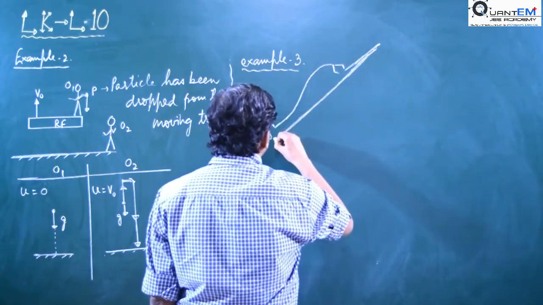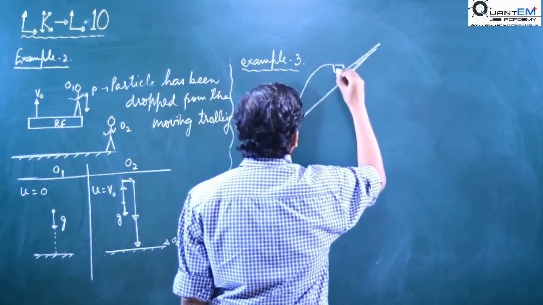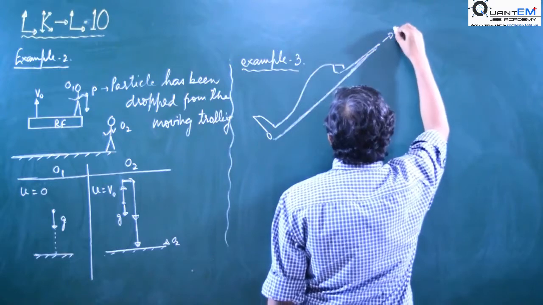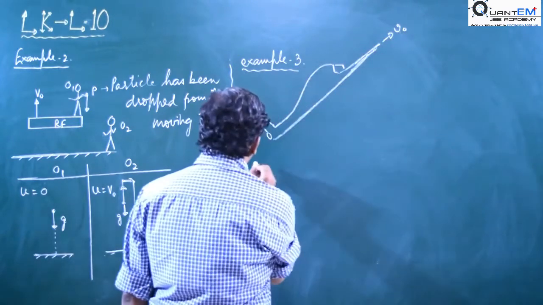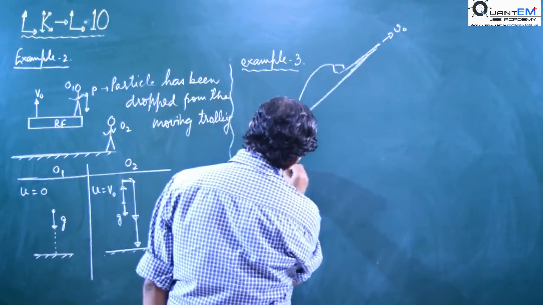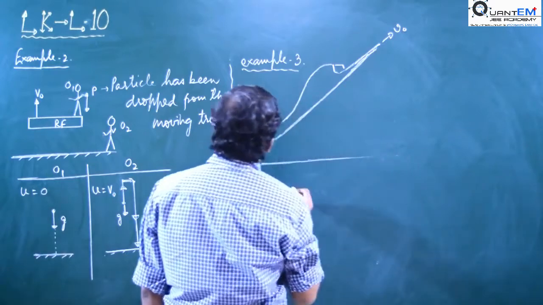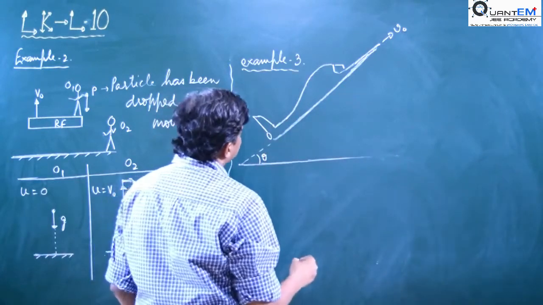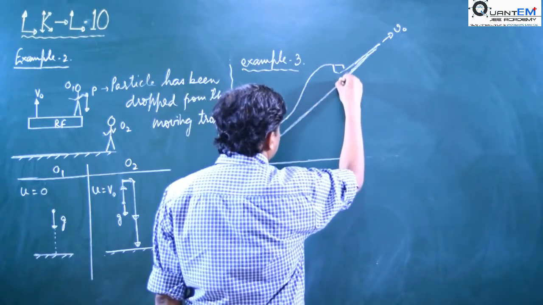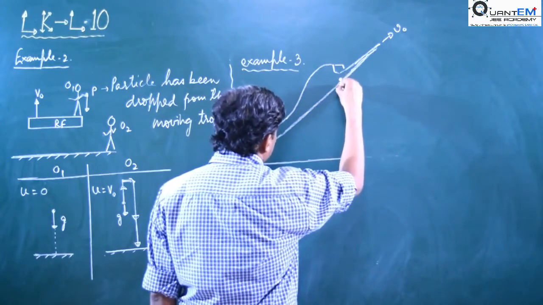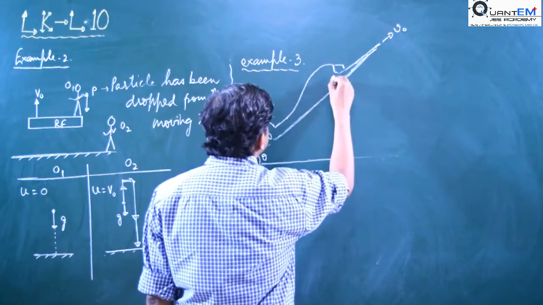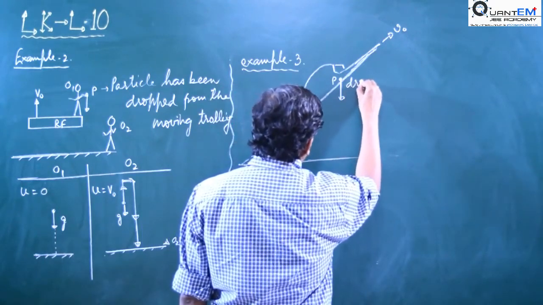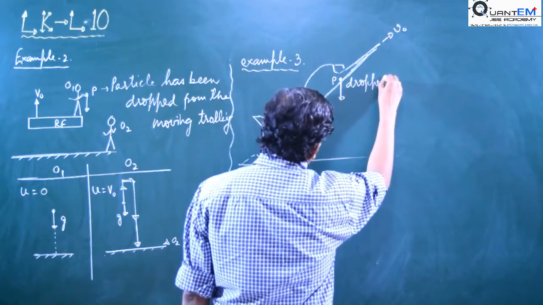It is moving in this direction, with the speed v above the ground, and this angle is suppose theta. A shell has been dropped from the fighter plane. Okay, it has been dropped from the fighter plane.